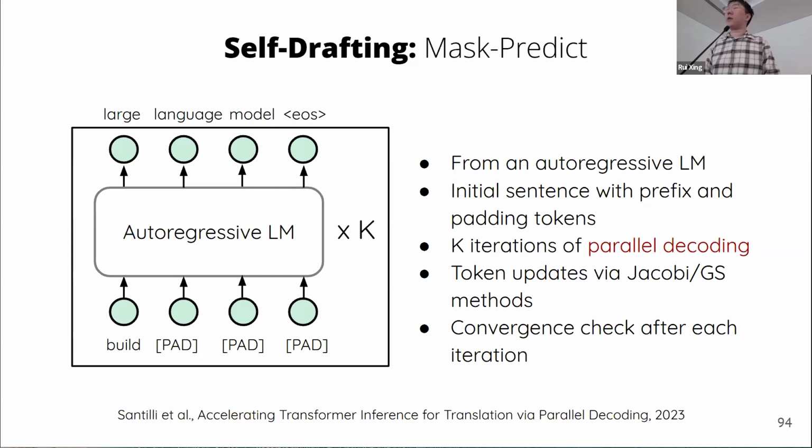So this is the self-drafting mask predict method. It's built on the autoregressive language model and uses numerical optimization methods to turn an autoregressive language model into iterative non-autoregressive decoding. So this is also a very promising method for self-drafting.